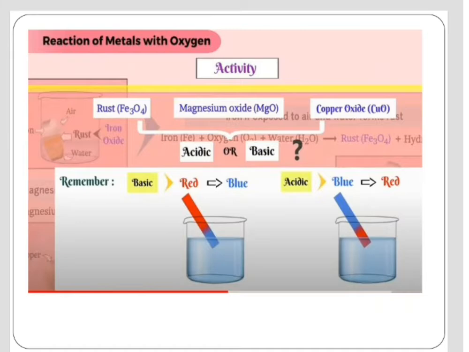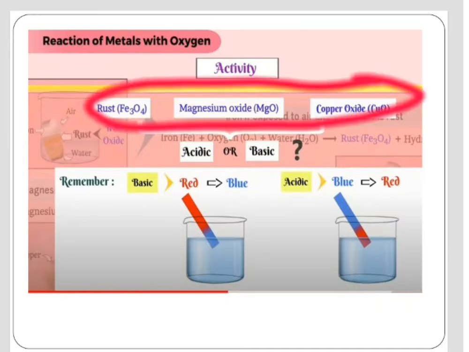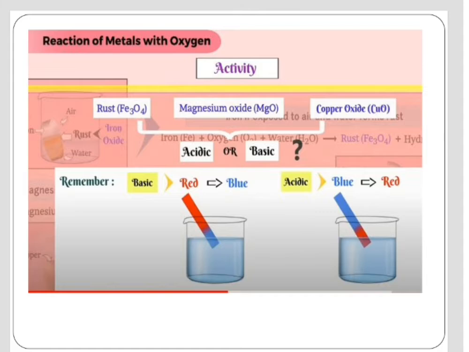To understand the nature of the oxide formed by metal, that is acidic or basic, let's perform an activity.